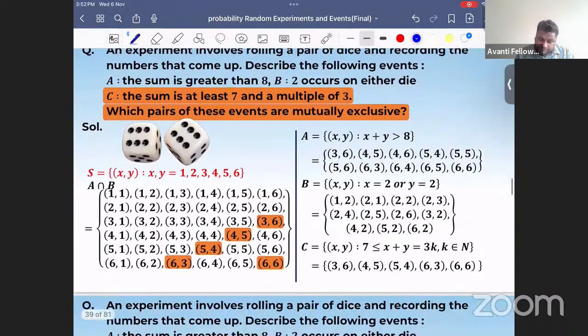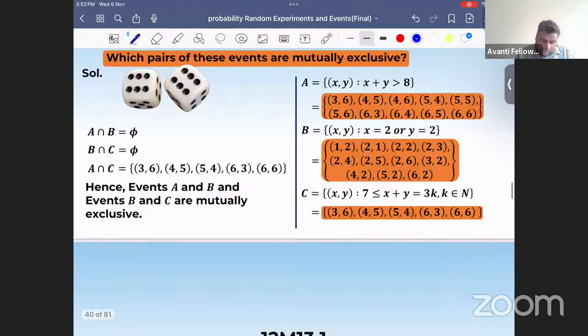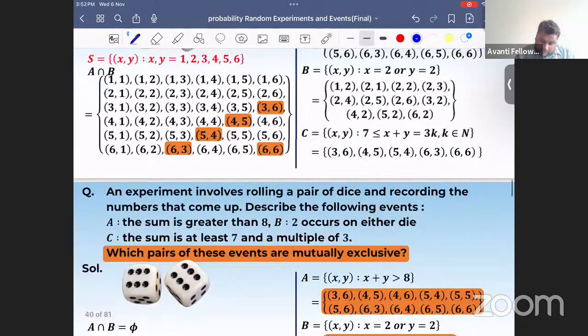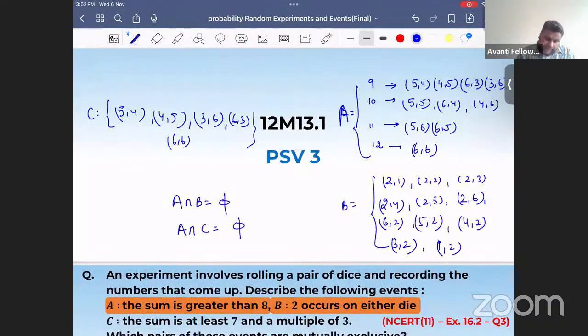Got it? Hence, B and C are mutually exclusive. Just a moment. Yes, BC, I have written wrong. They are mutually exclusive because they do not have anything in common.